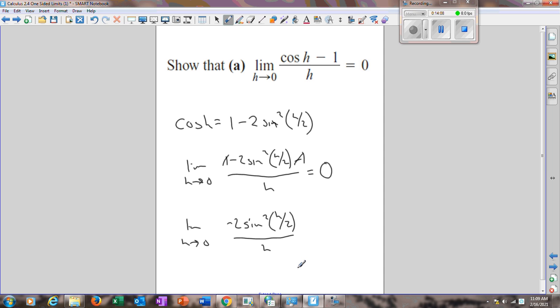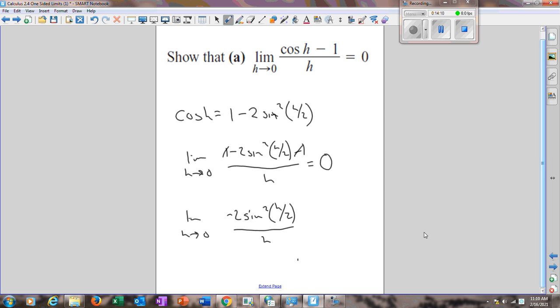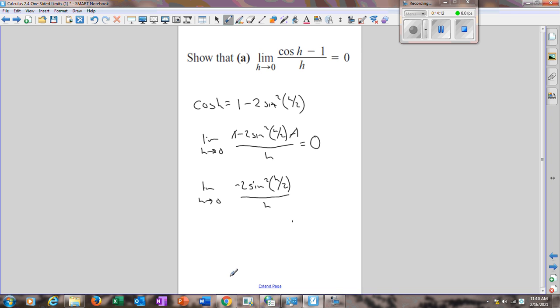So when I do that, that's going to give me the limit as h approaches 0, and I'm dividing the top. Now because it's a negative, I can actually move that up right out in front. And then I'm dividing the top and bottom by 2.